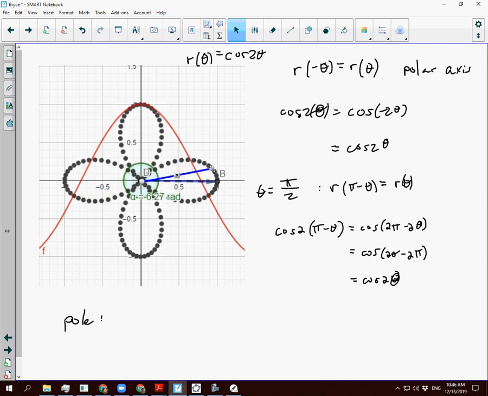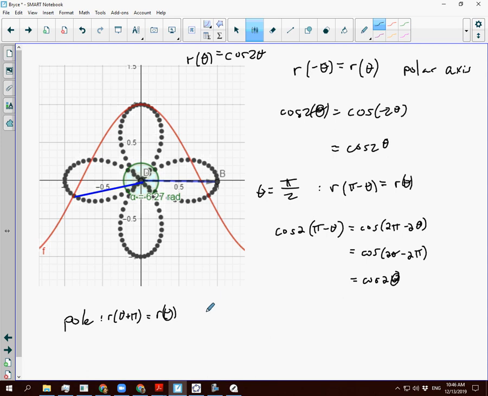So r of theta should equal r of theta plus pi. If we add pi to theta, we get the same thing we had originally.